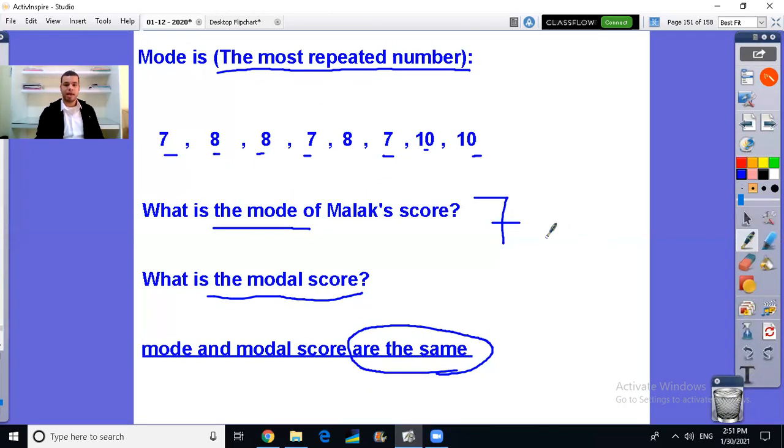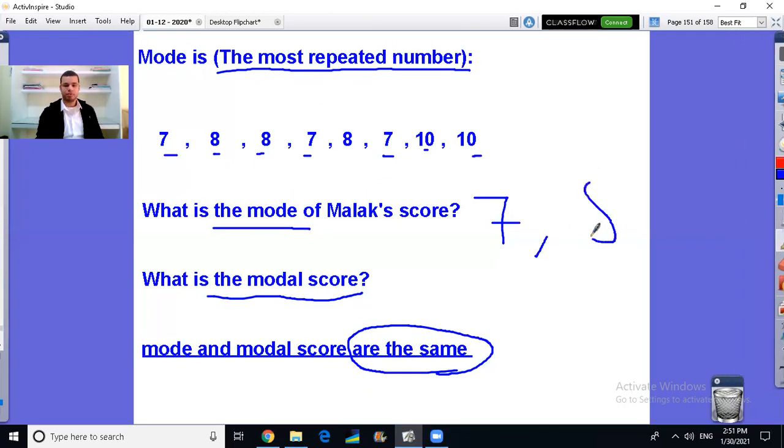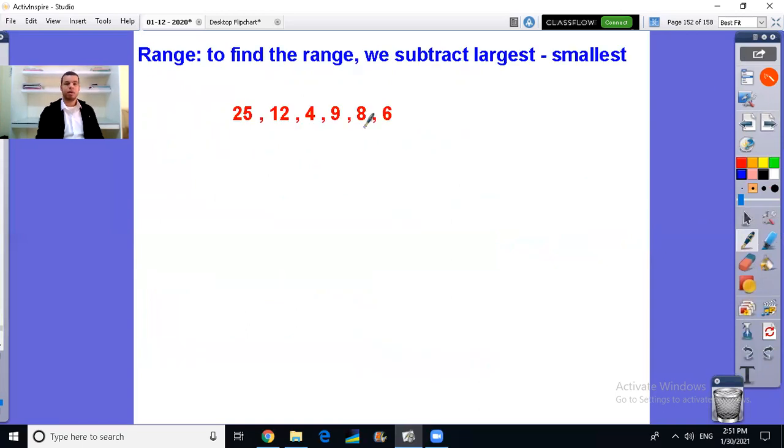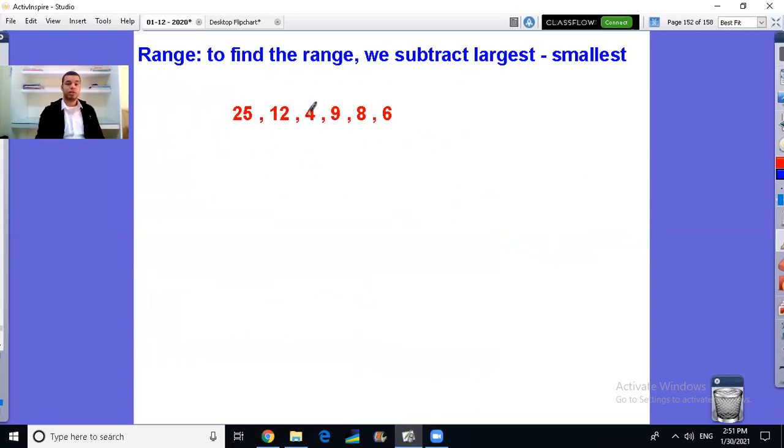You write 7 and 8. Both of them are mode. So the mode is 2 numbers. Sorry about my handwriting. All right. So here 7 and 8 is the mode. If I have 2 numbers that are repeated the same way, write both of them down.